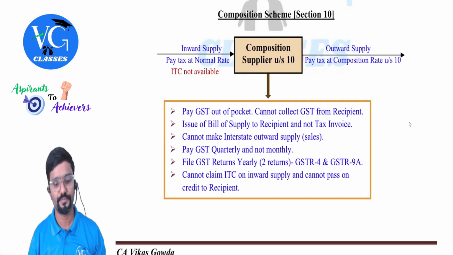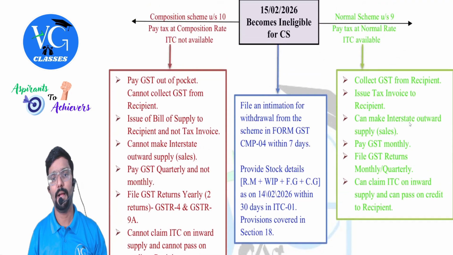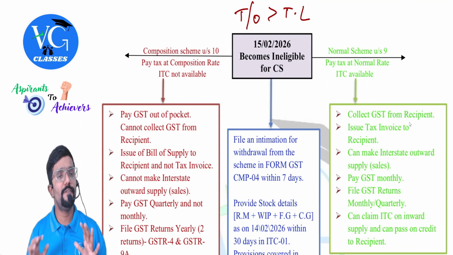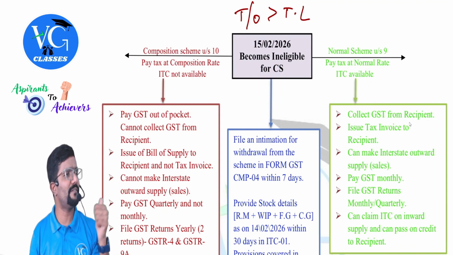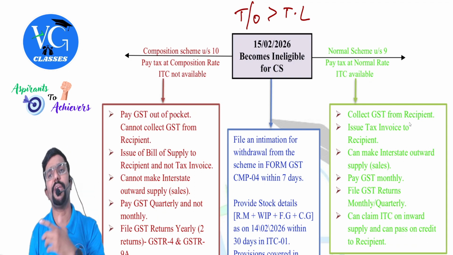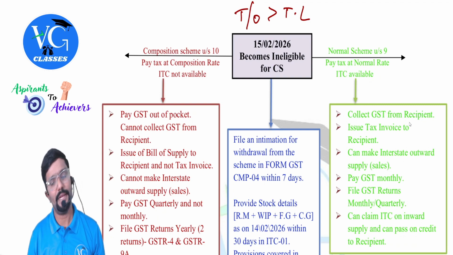I will just explain that procedure here. Please pay attention. I have made one chart for it. Listen, people. Now, on 15th February, my turnover crossed the threshold limit, that is either 1.5 crore or, in case of special states, 75 lakh, or for 10(2A), 50 lakh. So, I became ineligible? Yes. So, immediately I have to move to section 9.